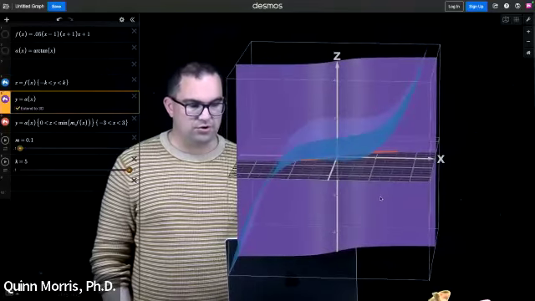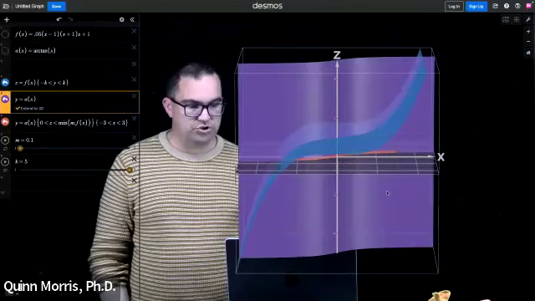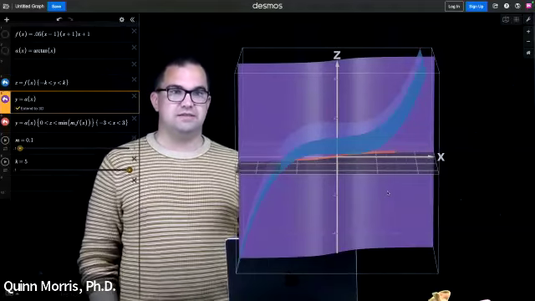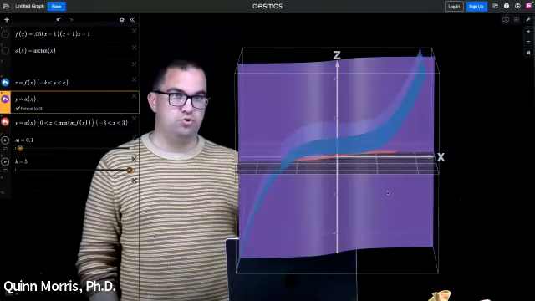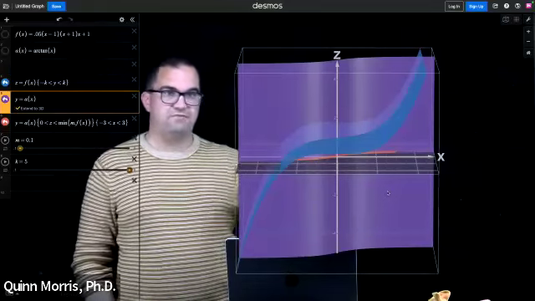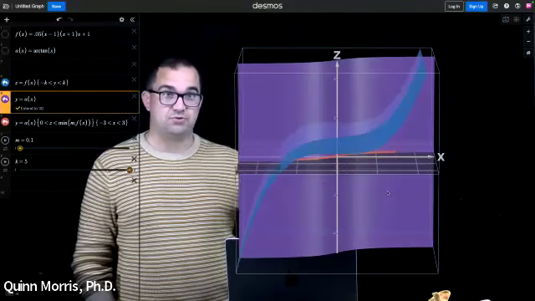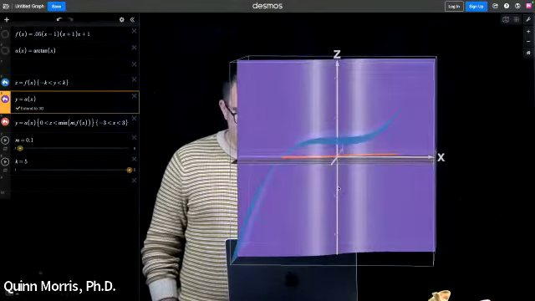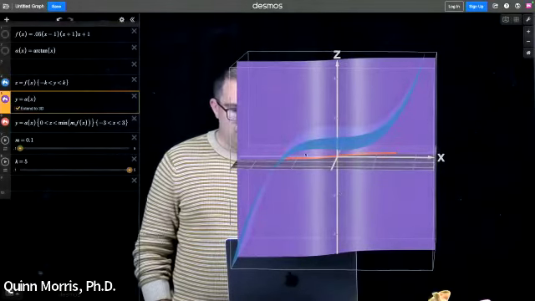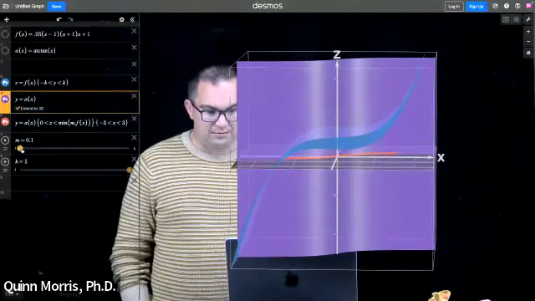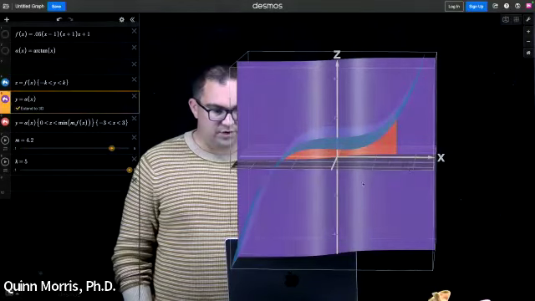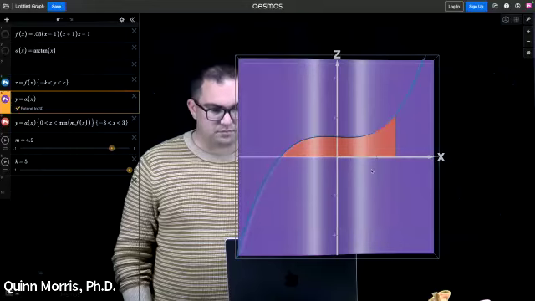What I want to do is look at the portion of the purple function which is below the blue surface but above the xy plane. Really, what you can imagine is where we had that red curve before, I'm going to pull that up but keep it under here. Okay.